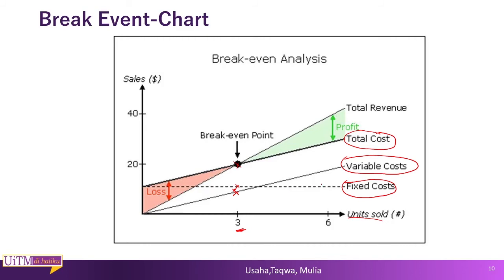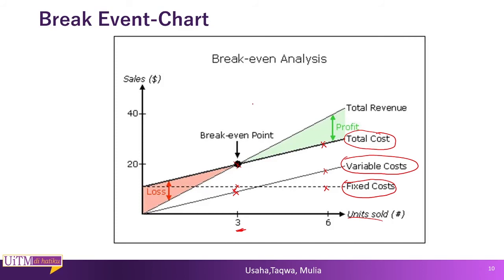We should also do this for all units sold. For example, for 6 units sold, we calculate fixed cost plus variable cost, so it will show our total cost over here. And then we make a straight line as our total cost line.